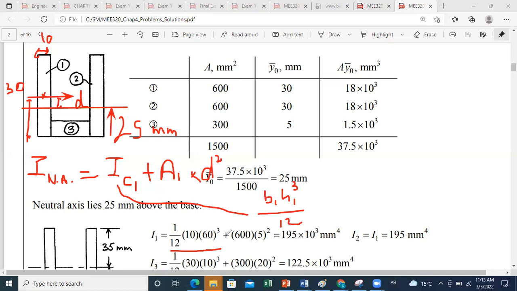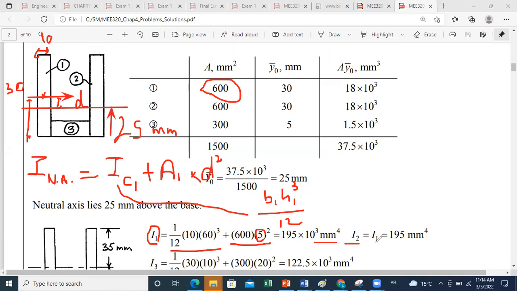Okay, plus, in order to find the inertia about the neutral axis, we should apply the parallel axis theorem. So we should add the area of part 1, which is 600, times the distance between the neutral axis and the axis passing by the centroid of part 1, which was determined to be 5. By applying this relation, we get our inertia. Since all dimensions used are in millimeter, you get your inertia in millimeter to the power 4.